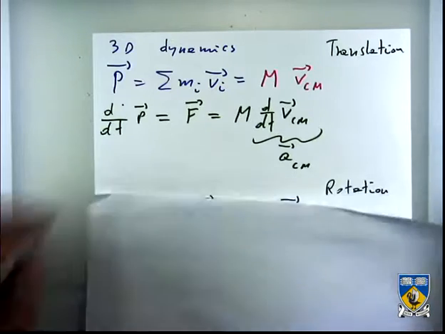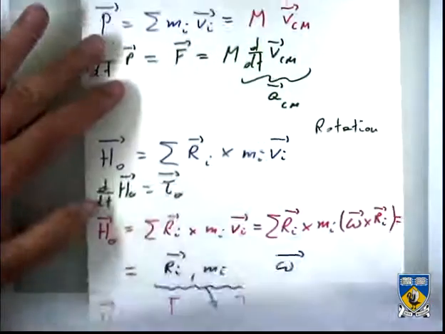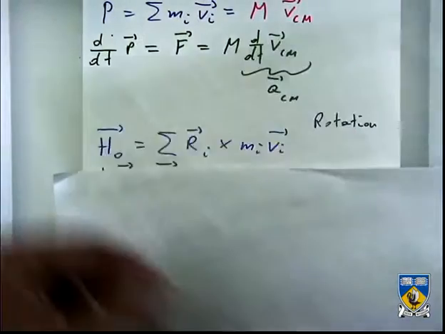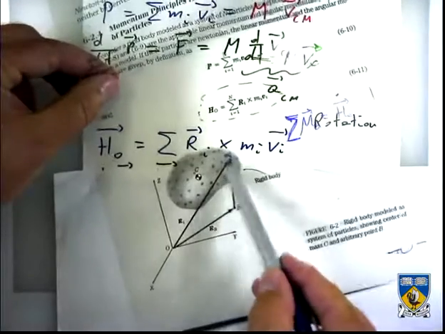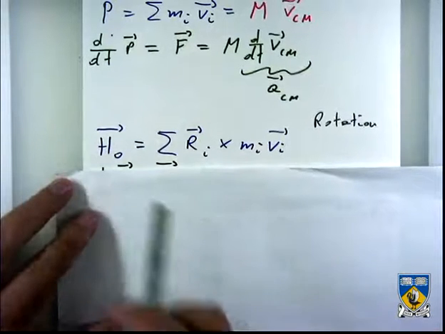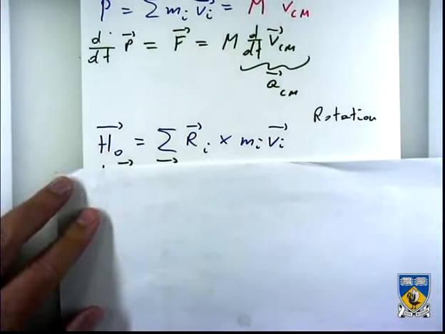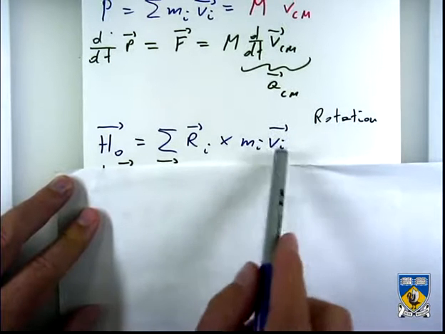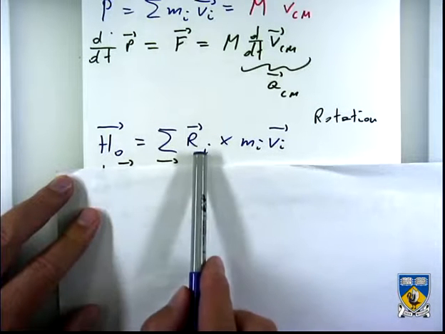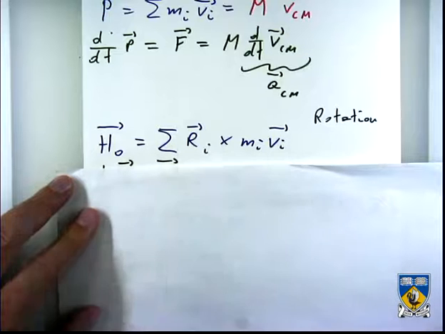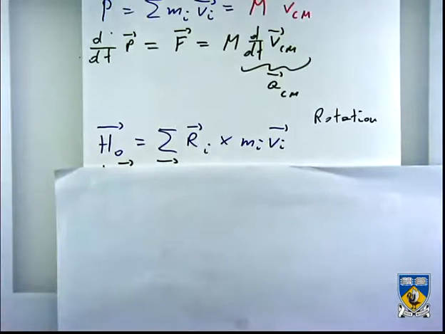And now we have rotation. Looking back at this picture, we have masses at radii ri. So our angular momentum is the momenta of all these small particles, pre-multiplied by a vector product with r. So this is the definition, right?